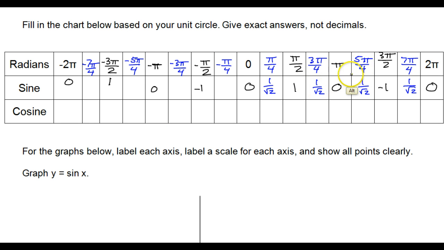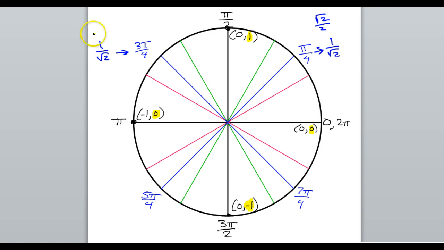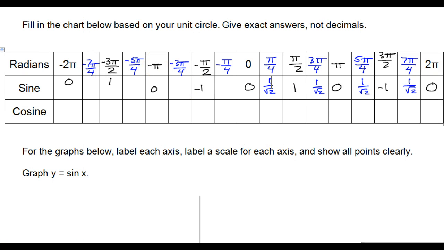But at 5 pi over 4, my 1 over radical 2 is going to be negative because the y value is negative down here below the x-axis. And same thing with my 7 pi over 4. My 1 over radical 2 will be a negative 1 over radical 2 because we're down below the x-axis. So these two will be negative.